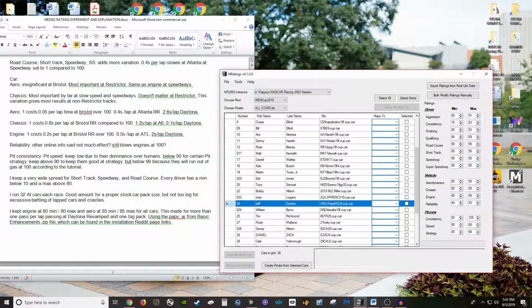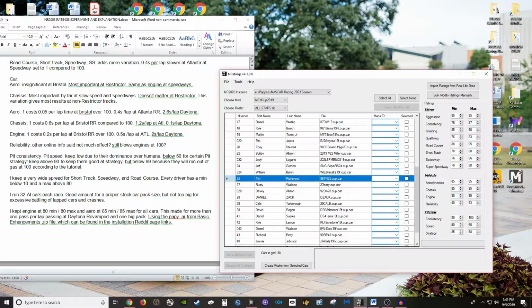Pit road consistency. Now this is one that affects you as a human player and affects the AI. If you have anything below 50, it can cause some issues, so I would at least keep it above 50. You can look at my pit crew ratings. My ratings for every driver in the entire field are exactly the same.